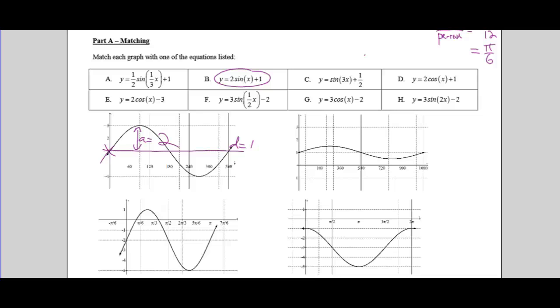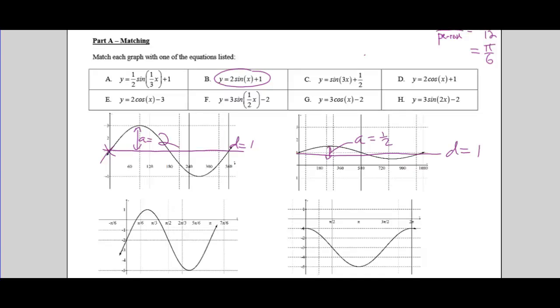Okay, let's go to this guy. Where's the midline? 1. So D is 1. What's the A value? A half, right? It's like a half. So we're looking for an A value of a half and a D value of 1.